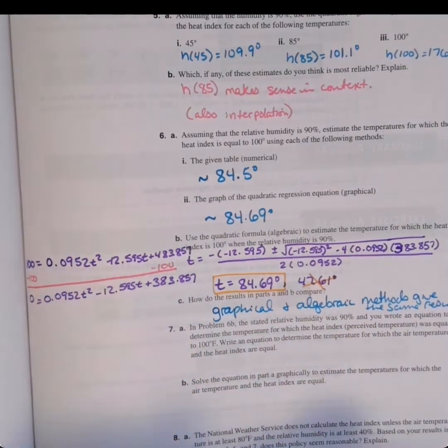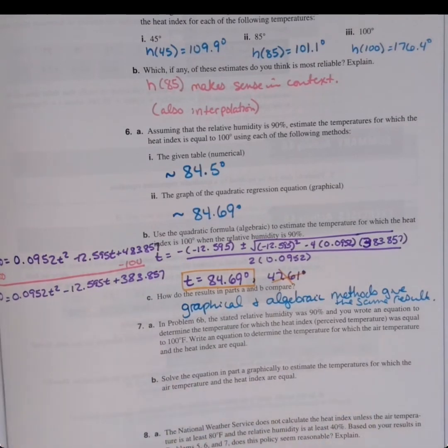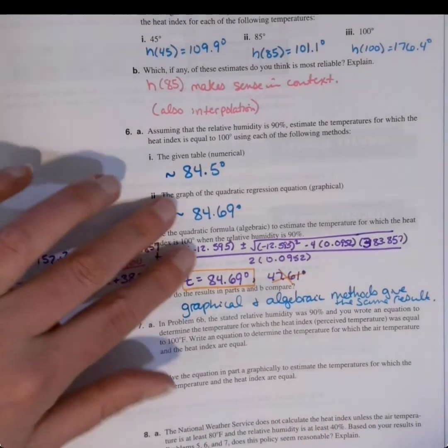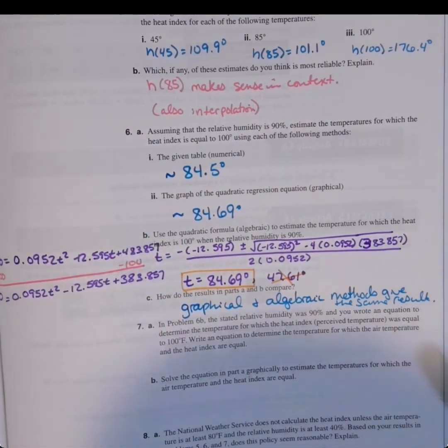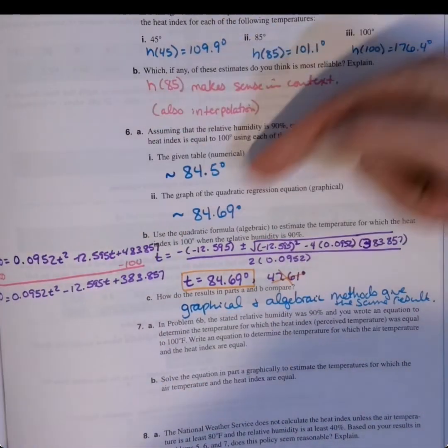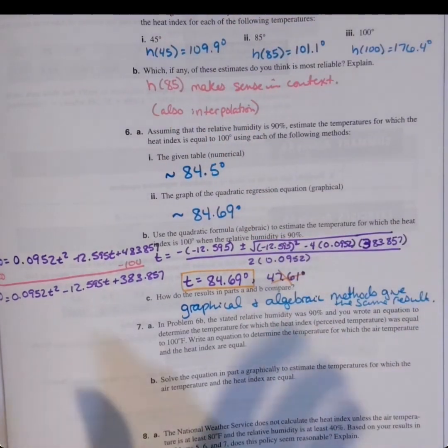We never use numeric if we need an actual answer, but it can give you a ballpark idea so that you can tell if the answer that you get from graphical or algebraic is in the vicinity of the right answer. So yeah, it tells us that our answers make sense, because the table was showing that it should be somewhere in that 84 point something range.